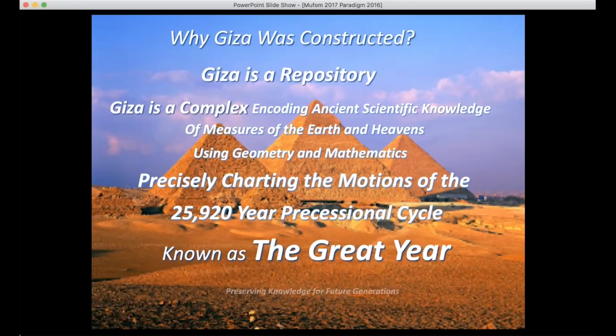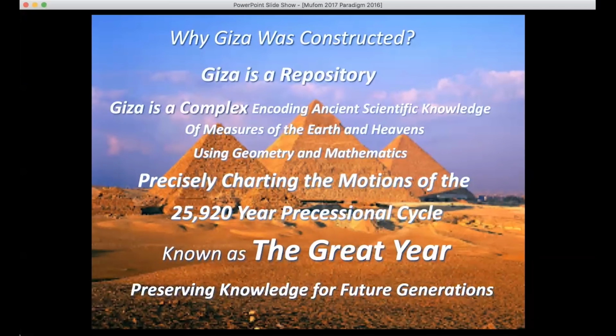It precisely charts the motions of the 25,000-year precessional cycle, what we know as a great year, and preserves this knowledge for future generations. This is, I believe, the main point of Giza.